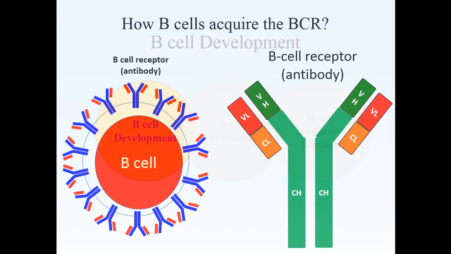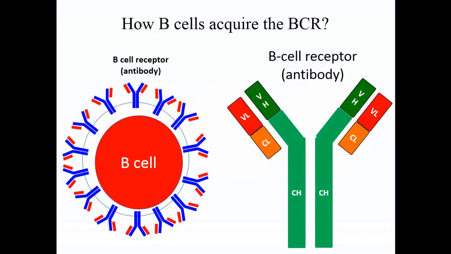So the first part of the B cell story: how B cells are produced in the bone marrow. Well, the most important aspect of B cell development in bone marrow is production of antibodies. Basically, antibodies are what distinguish B cells from other cells. We know that well when we look at the surface of the B cell: antibodies are bound to the surface of the B cell, and they are called B cell receptors.